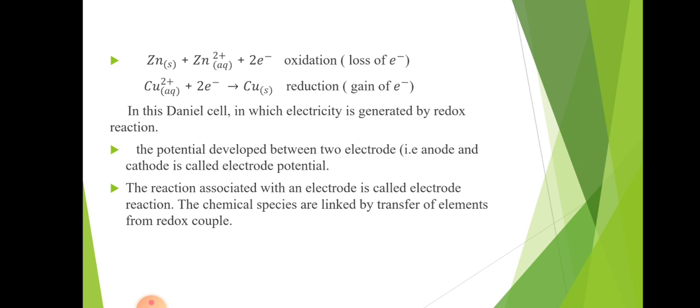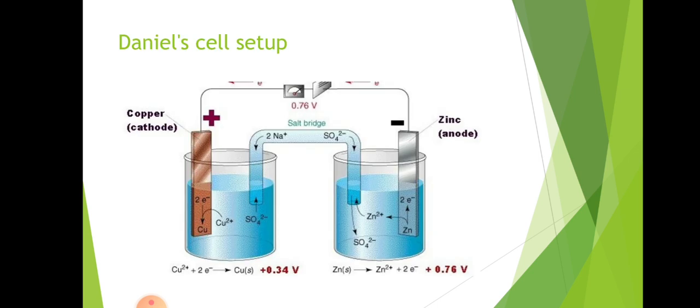Now, the redox couple. See this Daniell cell setup. There are two containers. One container has zinc sulfate and the second has copper sulfate solution. In the zinc sulfate container, zinc gives zinc ions plus 2 electrons, and in the copper sulfate solution, copper 2+ plus 2 electrons gives copper.